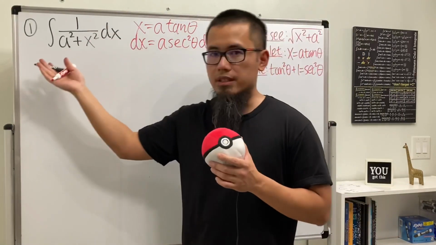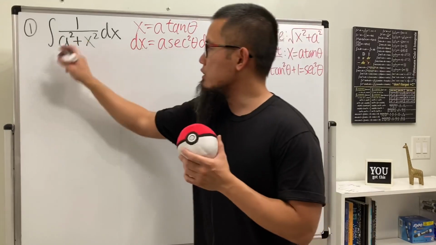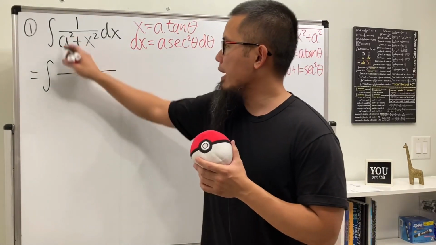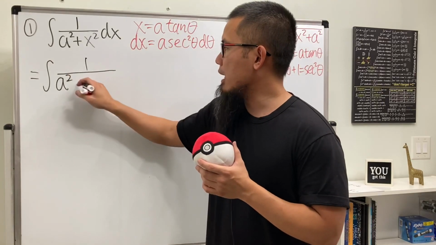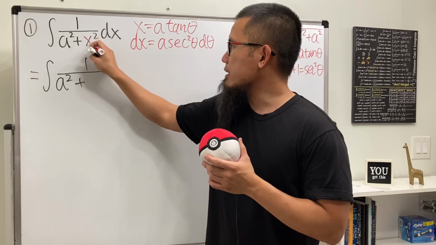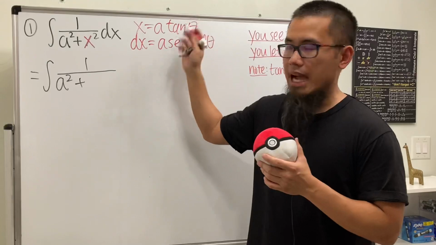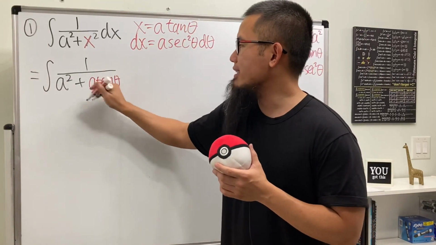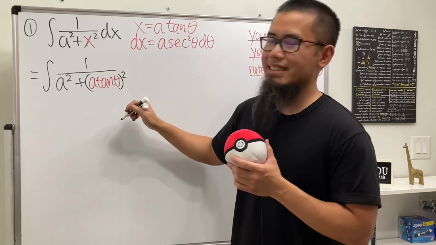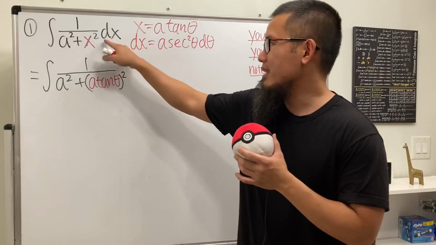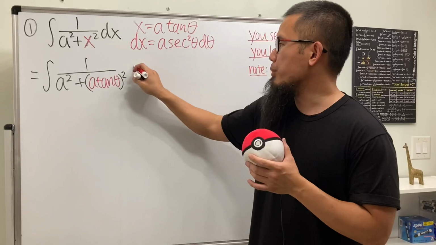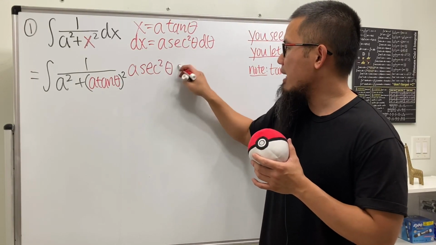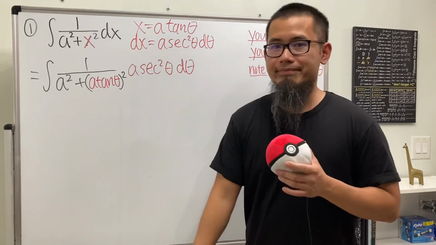And now we can take this integral to the theta world. So here we have the integral, and we have 1 over a squared plus, here we have x, which is namely tangent theta with the a in front, and we will just have to square that. We are not done yet because the dx is this, so go ahead and put that down, a times secant squared theta d theta.